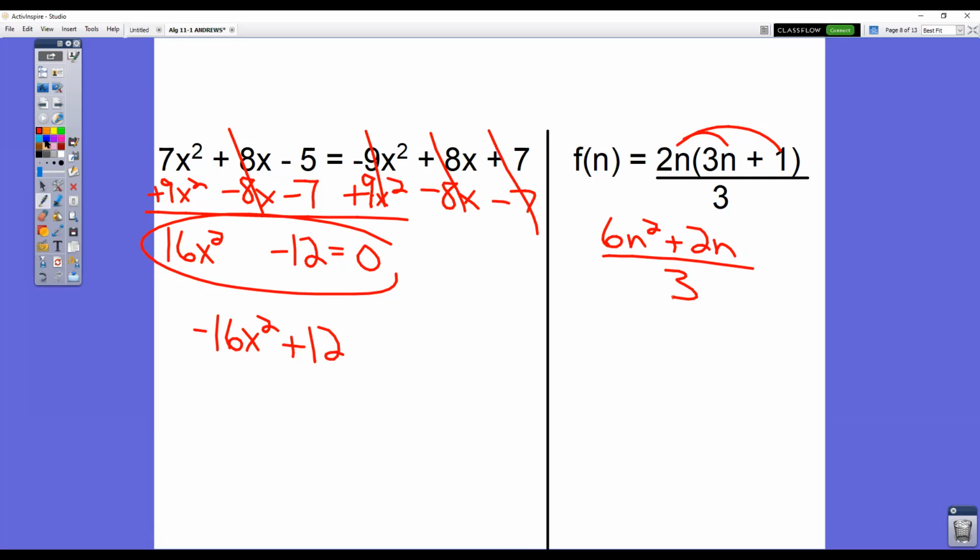Since we're dividing by 3, we need to do each individual term divided by 3. So 6n squared divided by 3 would be 2n squared. 2 divided by 3, the nice thing is we could just leave it as a fraction. We could leave this as 2/3 n, or 2n over 3, same thing.